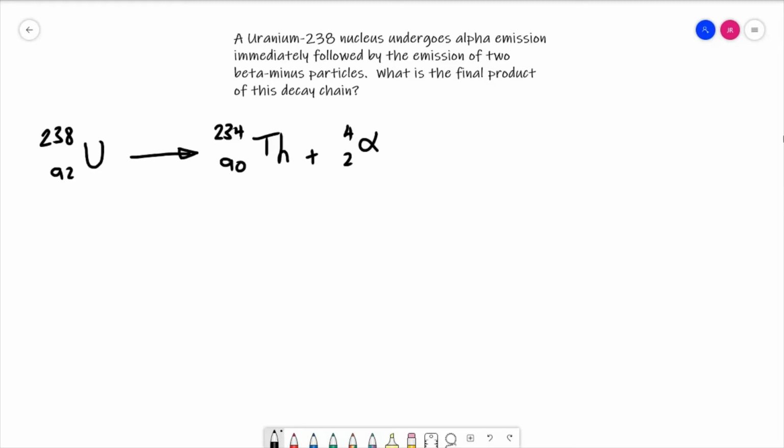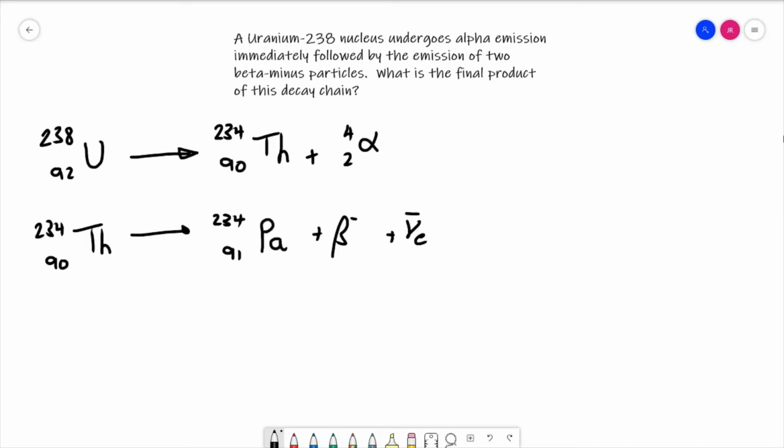Now we need to do 2 lots of beta minus decay. So we start now with thorium 234, and we will do a beta minus decay first. The nucleon number stays the same, and in beta minus decay the proton number increases by 1 to 91.